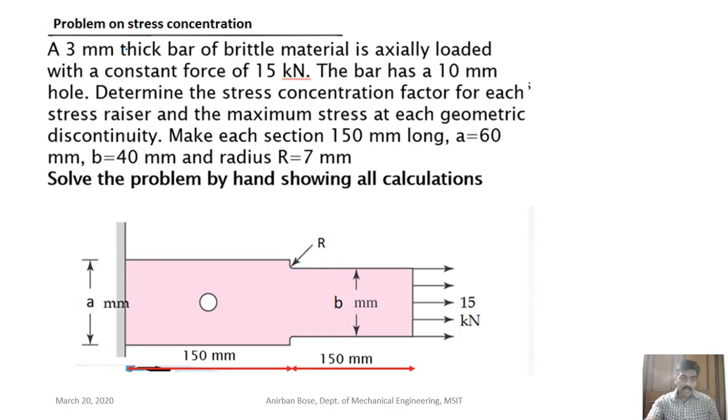Okay, let's see what the problem is. It's a 3 millimeter thick bar. Which dimension is 3? Basically perpendicular to the screen, if you observe. So this particular dimension is 3 millimeter.